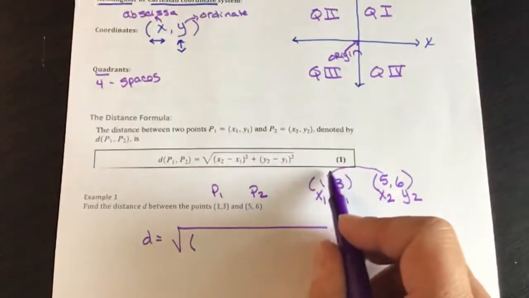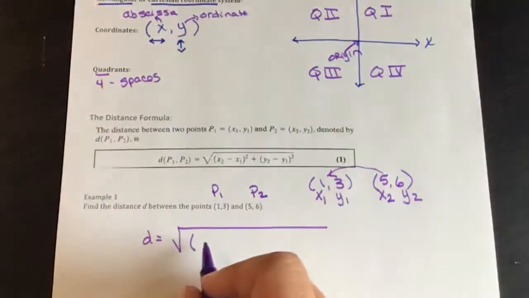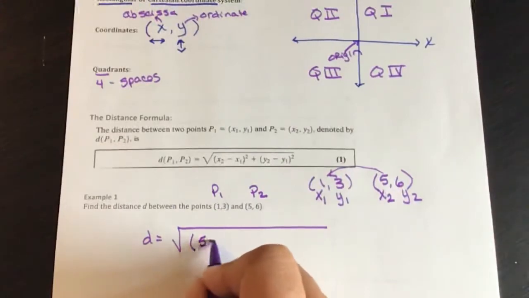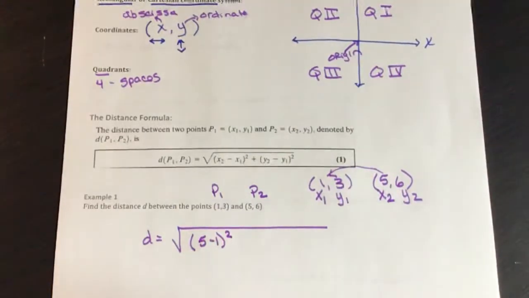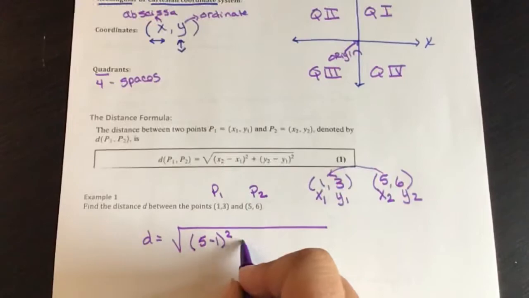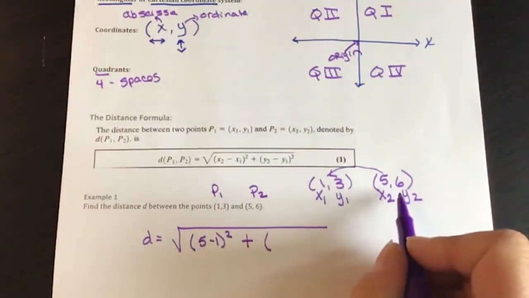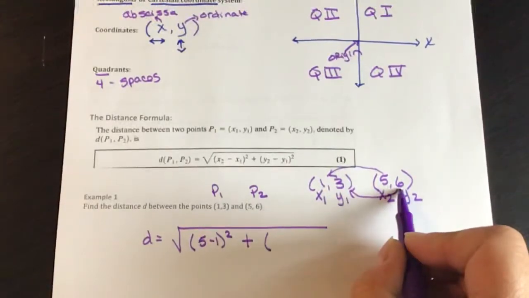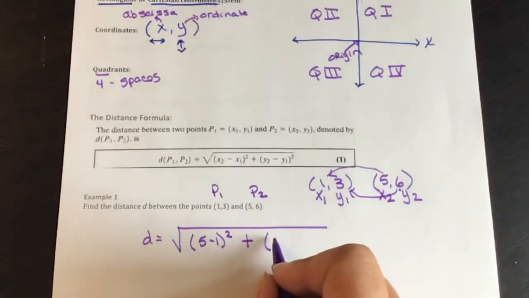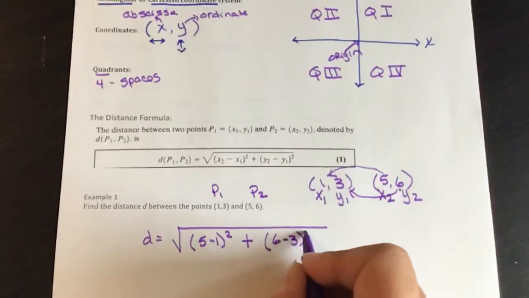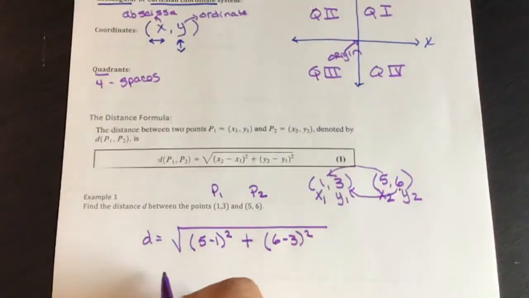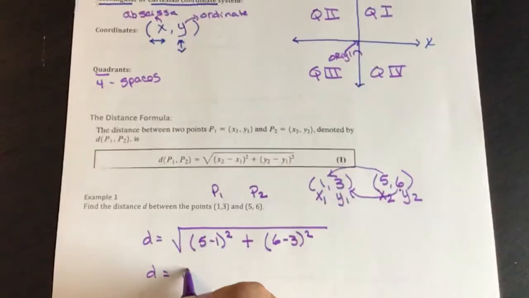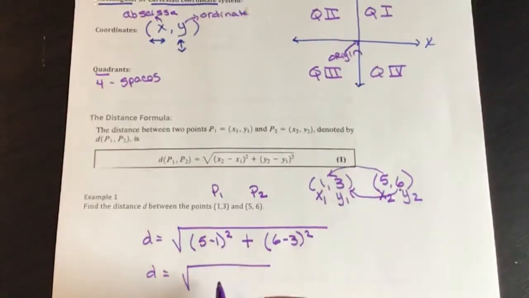Let's just do it this way. I'll do 5 minus 1, it just keeps it positive. And then I'm going to square that difference, and then I'm going to add to that the difference of the y coordinates. So I'll take 6 minus 3, and I'm going to square that value, and let's simplify that. 5 minus 1 is 4. I'll square that. 6 minus 3 is 3.